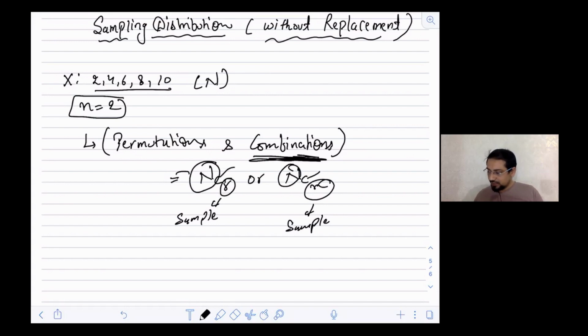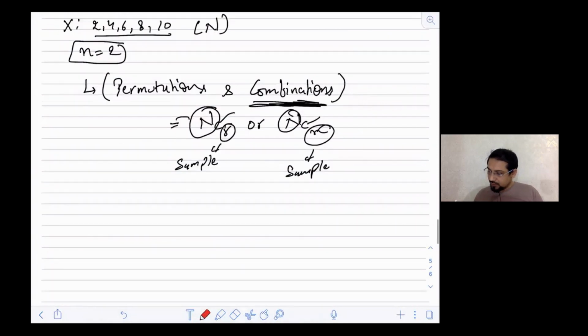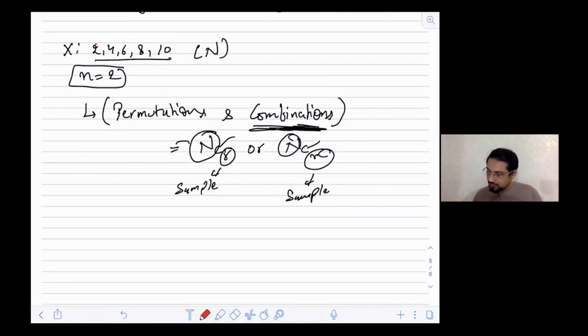Our N is 5: 1, 2, 3, 4, 5. So it is 5 C n, where n is 2.